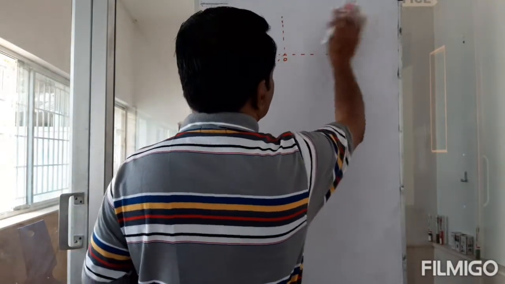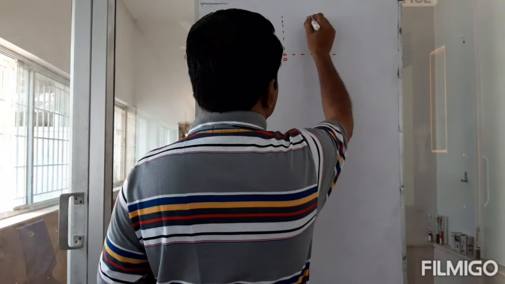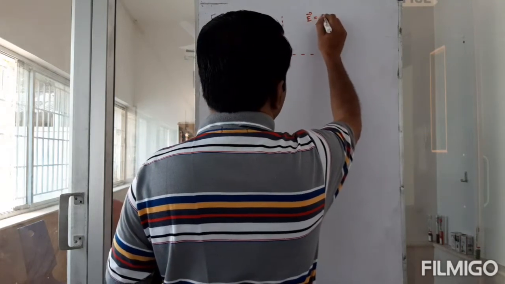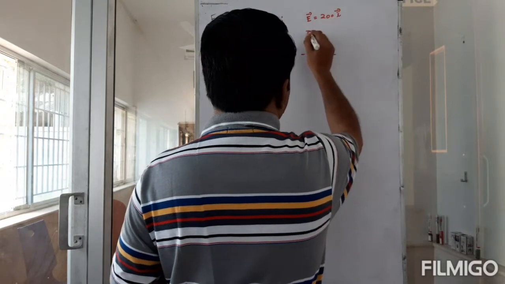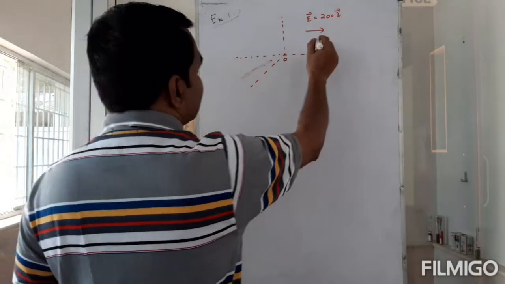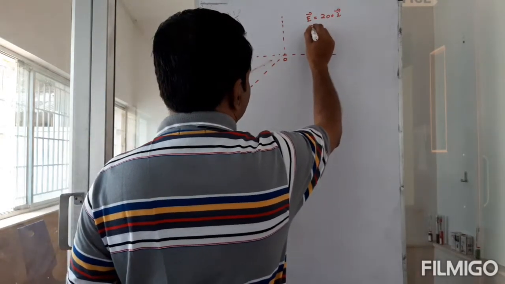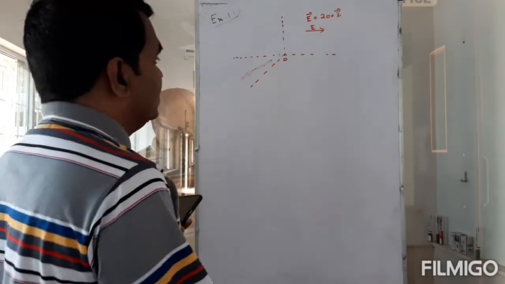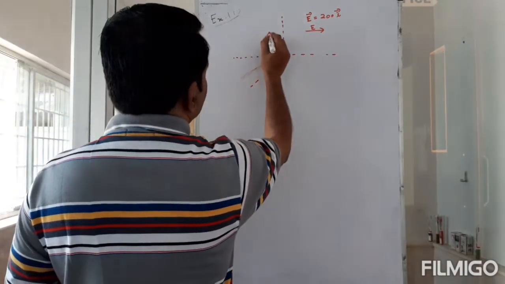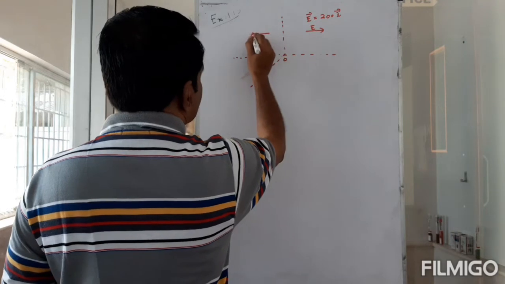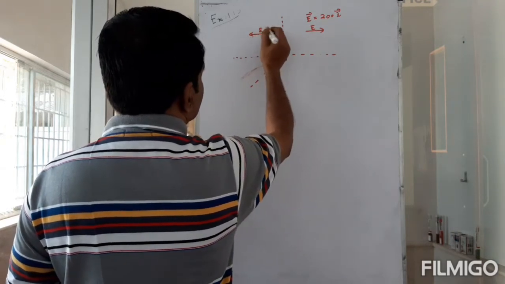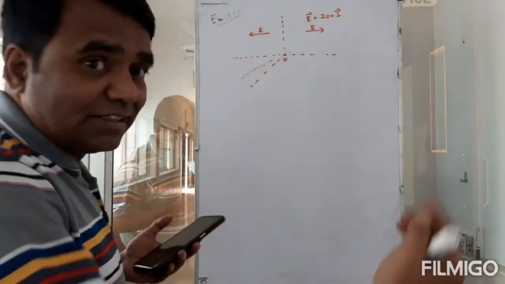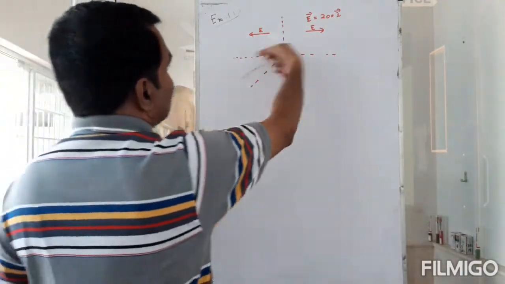On this side, you have E equal to 200 in the i direction. So it is always in this direction on this side. That's E. And it has a constant value. On this side, same, but then it has the same magnitude, but it is in the opposite direction, the negative x direction.